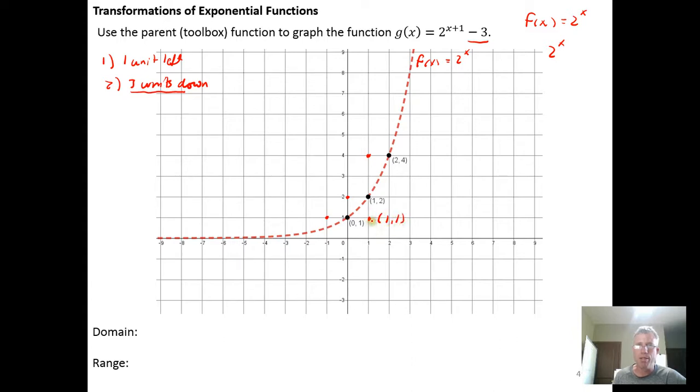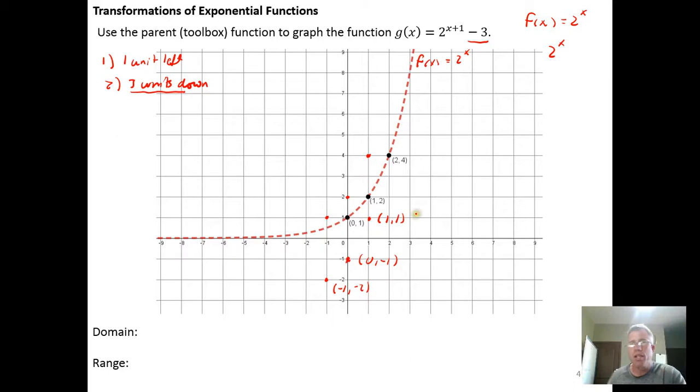I'm labeling it because it's the final point. Moves down 1, 2, 3 to the point input 0, output -1. Moves down 3, 1, 2, 3 to the point -1, -2.